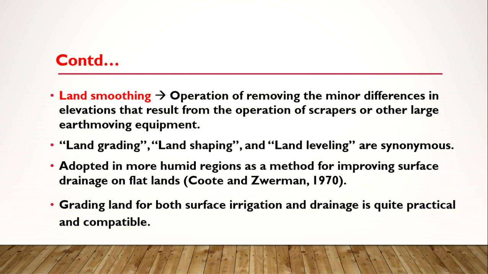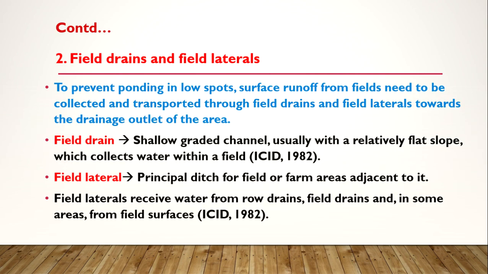So this is about the land forming process. Before constructing a surface drainage system, we have to first form the land. And the second one is field drains and field laterals. After forming the land, after providing the land with sufficient slope, we can make the field drains or field laterals.